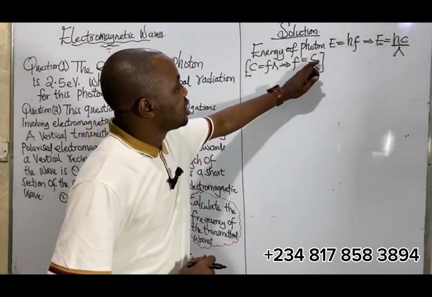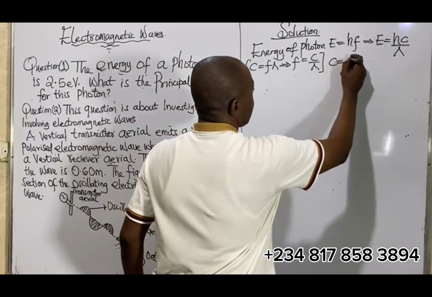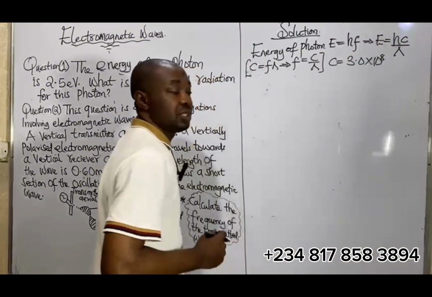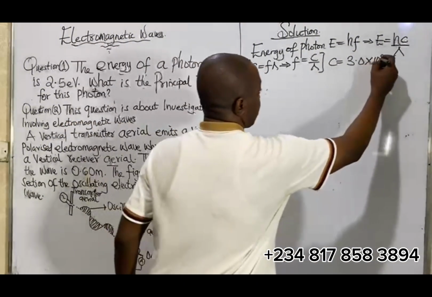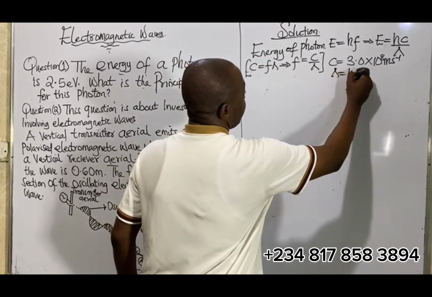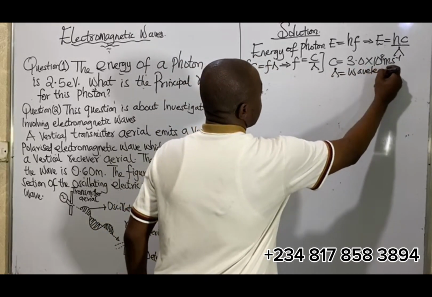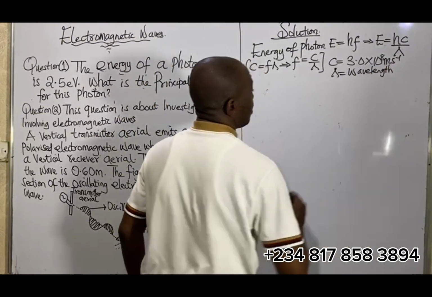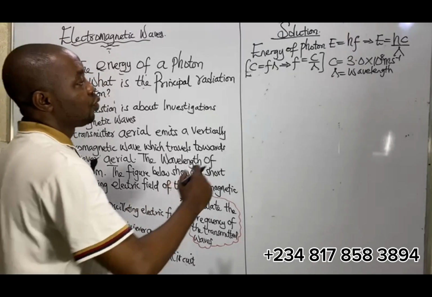Here c is the speed of light, with a value of 3.0 times 10 raised to the power of 8 meters per second, and lambda is the wavelength, which is what we need to get.